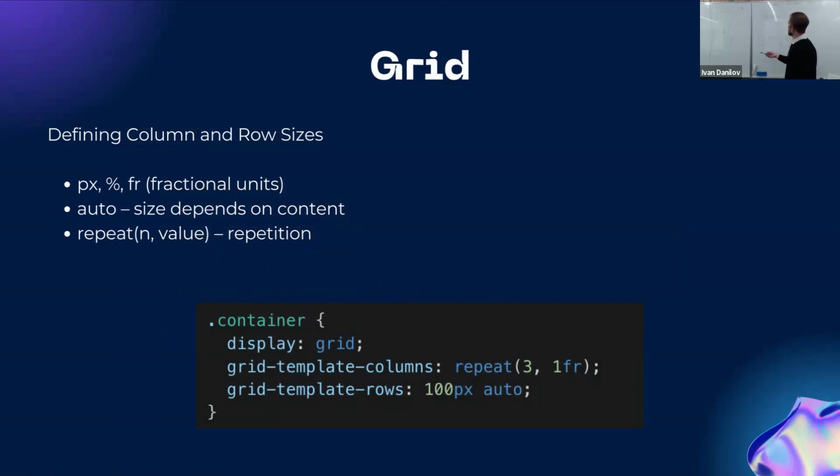Also, if you want to repeat the same, you can use a new unit called FR. If you write it, it will be the same for every part. So you can write repeat 3 times with 1fr, and every column will be the same: that one will be equal to that one and that one.